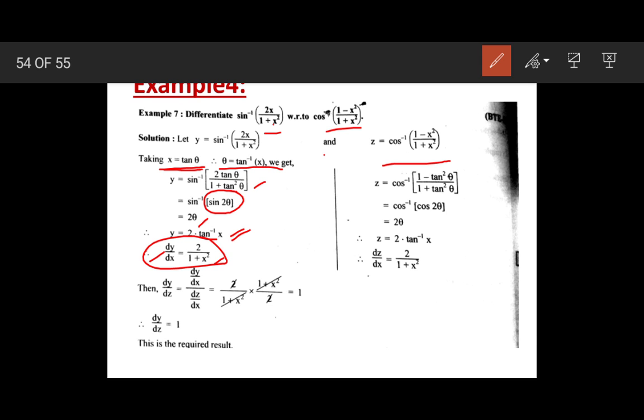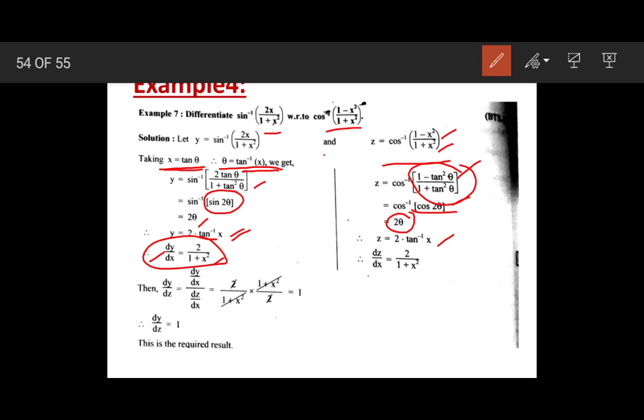So 1 minus x square will be 1 minus tan square theta, and 1 plus x square will be 1 plus tan square theta, and this is nothing but the formula of cos 2 theta. So cos inverse cos cancel out, and we get 2 theta only. But theta is tan inverse x, so finally we get 2 into tan inverse x.